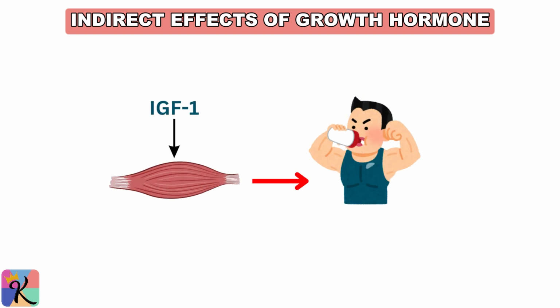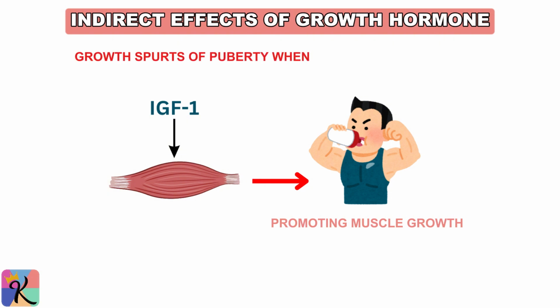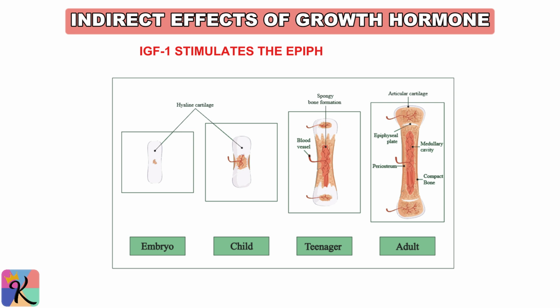In muscles, IGF-1 increases the uptake of amino acids, boosting protein production and promoting muscle growth. This is especially important during the growth spurts of puberty, when IGF-1 levels are highest. IGF-1 is also key to bone growth, acting on the epiphyseal plates of long bones to stimulate the activity of osteoblasts and chondrocytes. This drives the elongation of bones during childhood and adolescence.